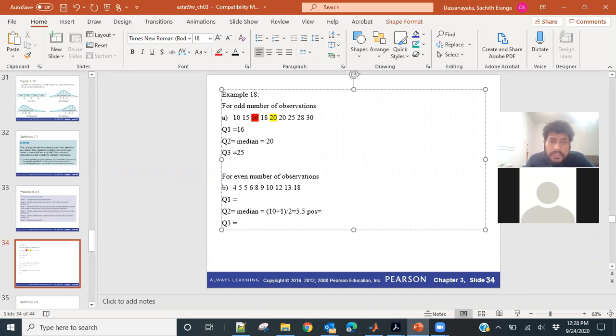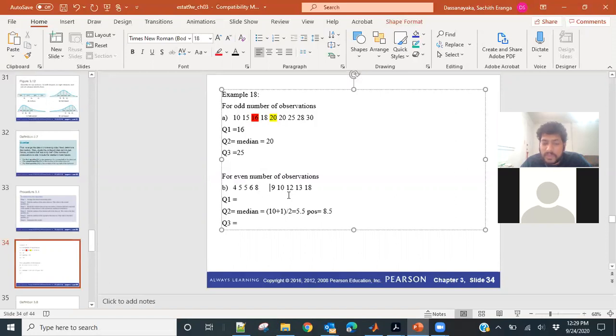So the fifth position here, 1, 2, 3, 4, 5, is 8, and the sixth is 9. 8 plus 9 divided by 2 means 8.5. This is your Q2. Now you can see here 8.5 is not in your data set, so you cannot find that value. That value lies somewhere in between these two.